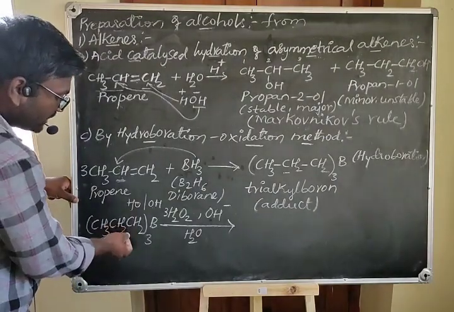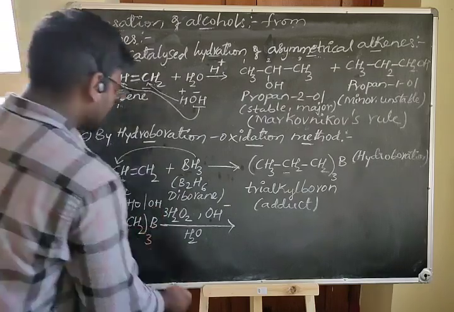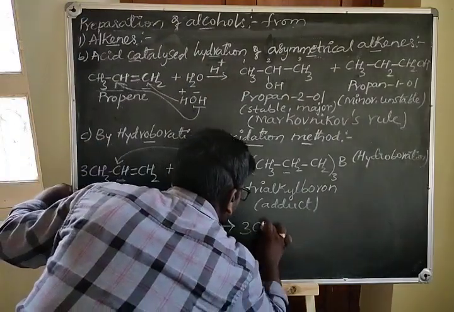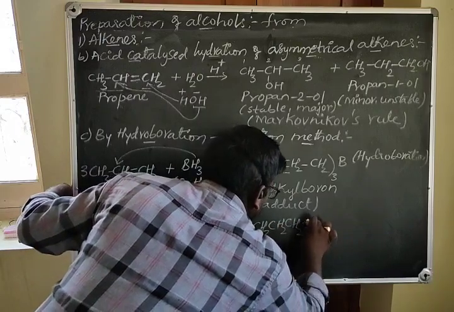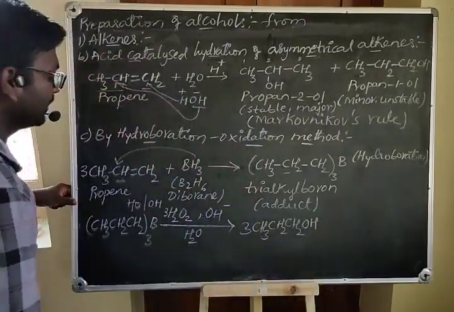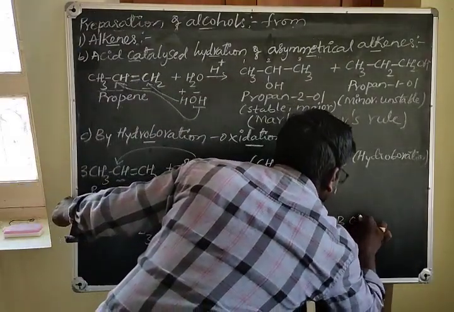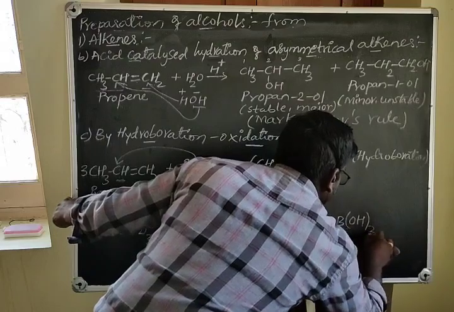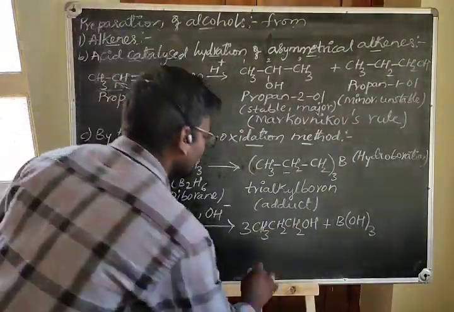Therefore, 3 OH units attack this and 3 OH units attack this. So you will get 3 moles of CH3, CH2, CH2, OH, and B(OH)3. Now this is called propan-1-ol.